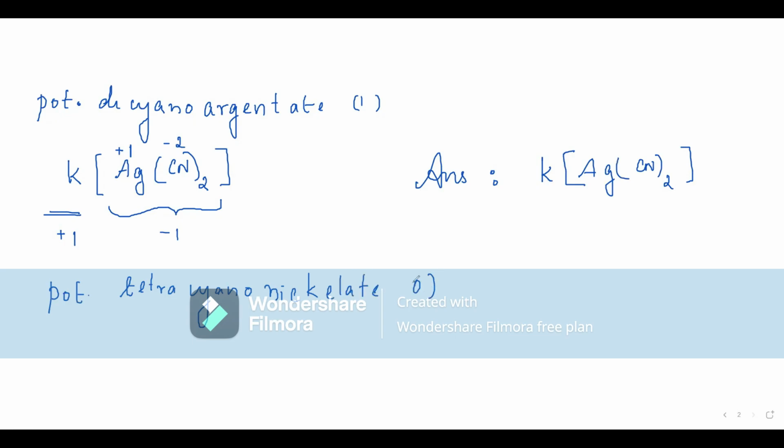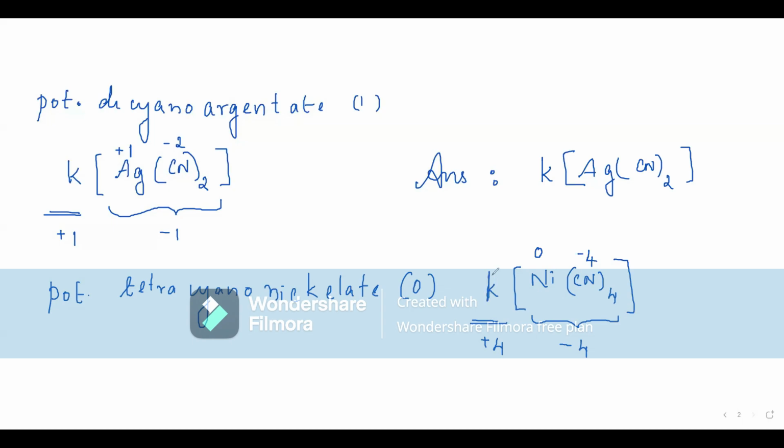Potassium tetracyanonickelate(0). Now, potassium, I'm writing K. Tetracyano, CN 4 times. Nickel, Ni. Now, the charge on the metal is 0. Cyanide is minus 1 and there are 4 such cyanides. Net result is minus 4. Now, the charge within the complex is minus 4. Therefore, the charge outside the complex should also be plus 4.